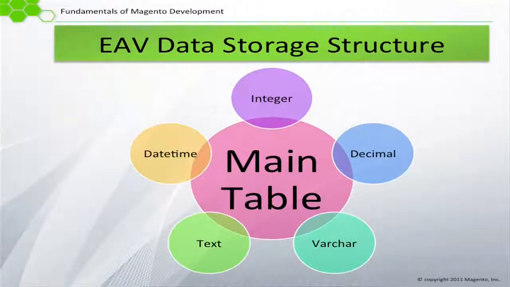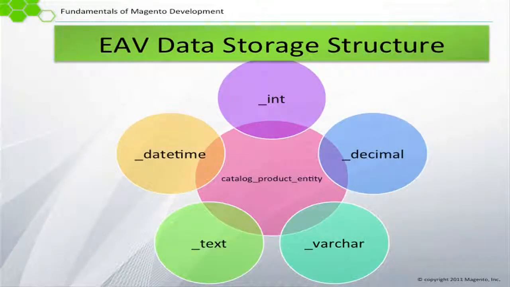As I mentioned, main table. So catalog product entity, right? And then catalog product entity int, decimal, varchar, text, datetime. That is the complete record of the object in the system.